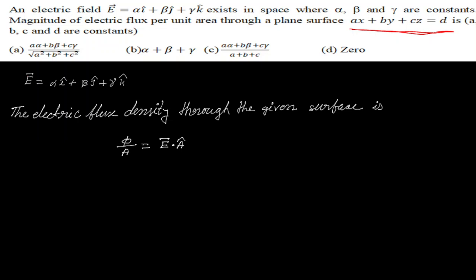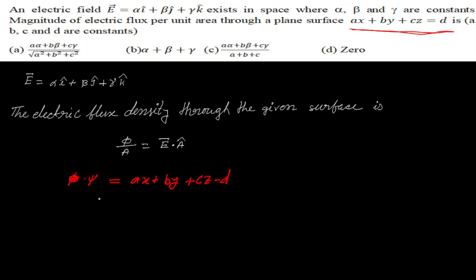So now we have the equation of this plane surface. We can write it this way. Let's say some scalar function psi equals ax plus by plus cz minus d.